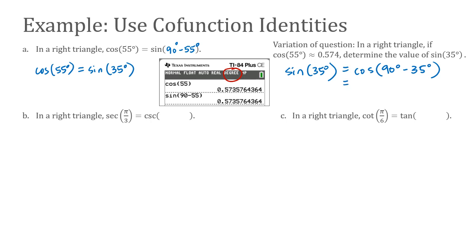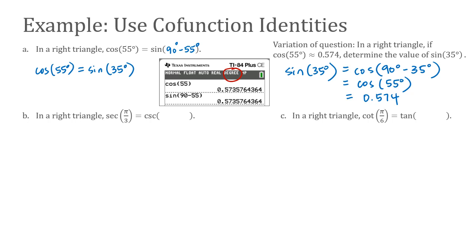And 90 degrees minus 35 degrees is 55 degrees, and it was given that that was approximately equal to 0.574. So we know that that relationship exists, and we know that if we're given one of the values, then that helps us with the value of the cofunction.